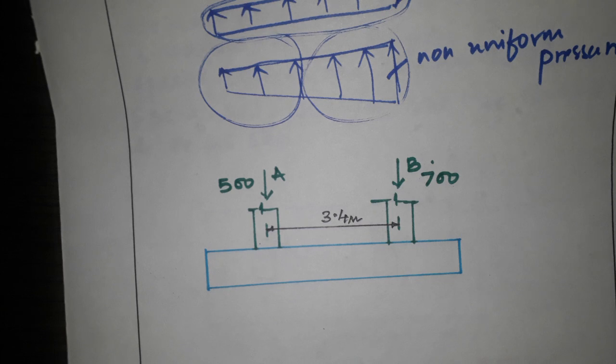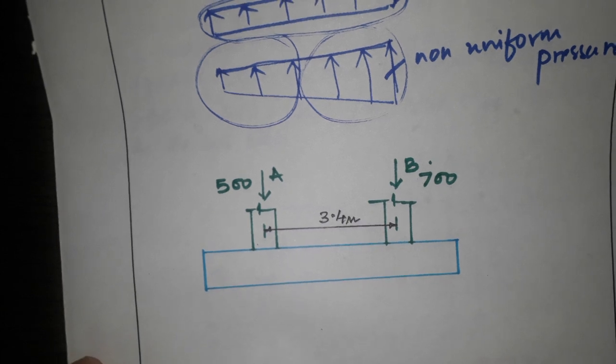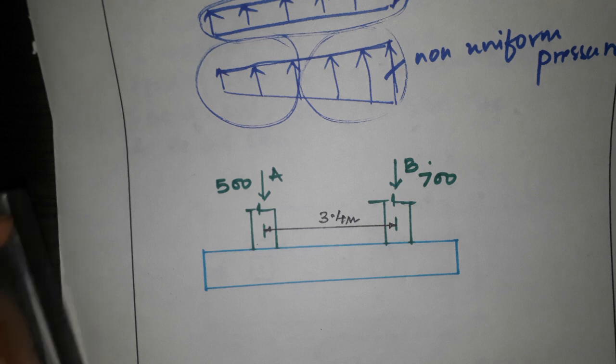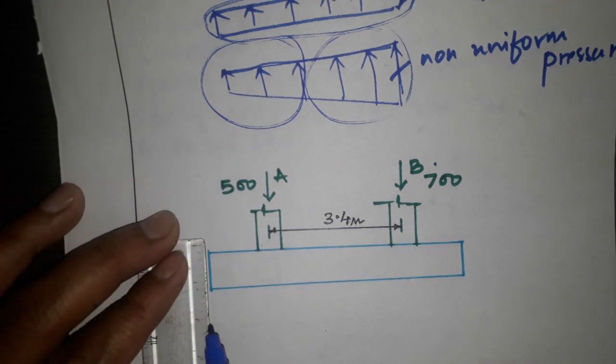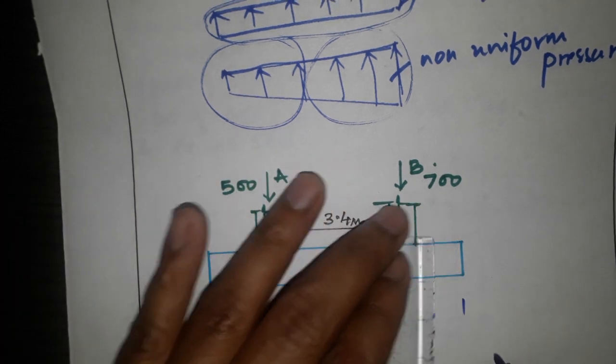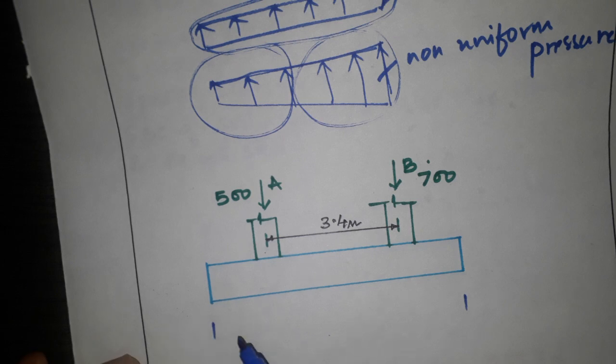Okay. So now we have the longitudinal section of the footing. Here the total length of the footing is 5 meter, from here to here.